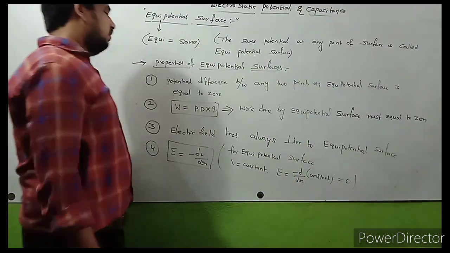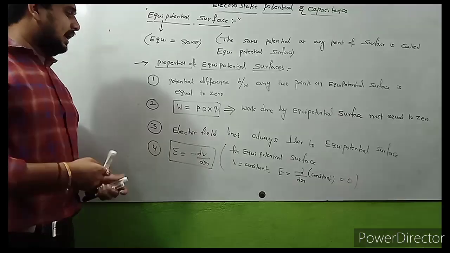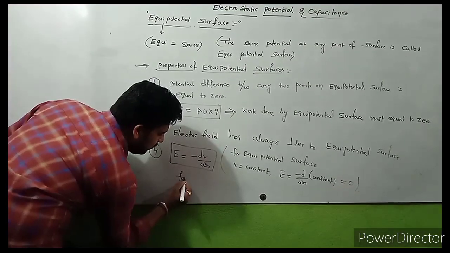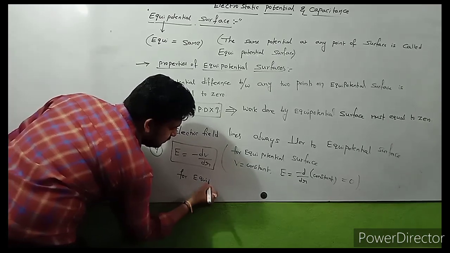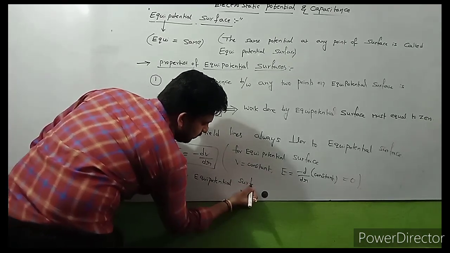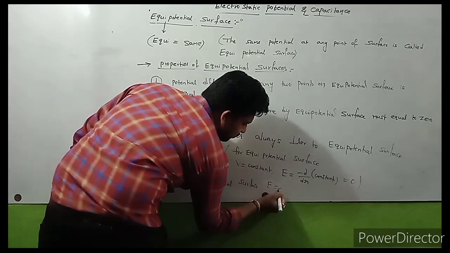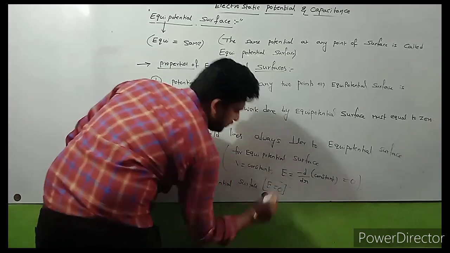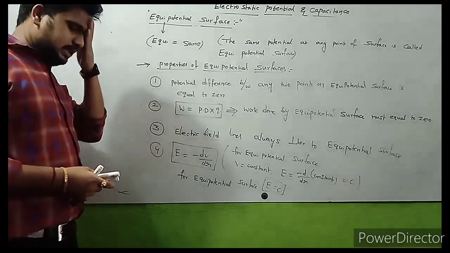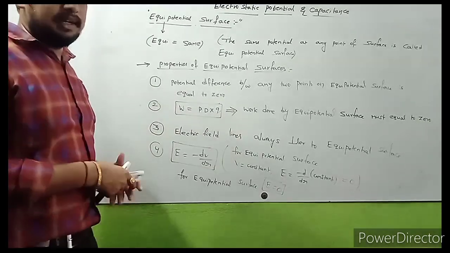So that means for equipotential surface, electric field is always equal to 0. Okay, so these are the 4 properties. Next, few more properties we'll discuss related to this topic.